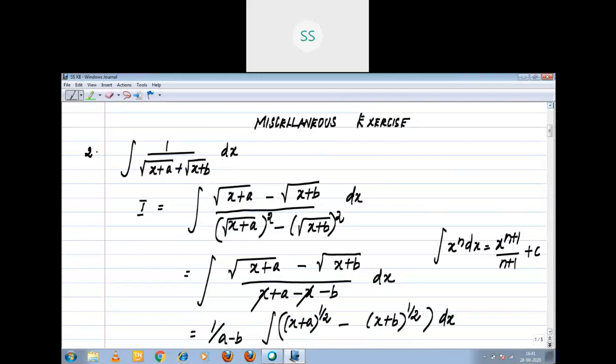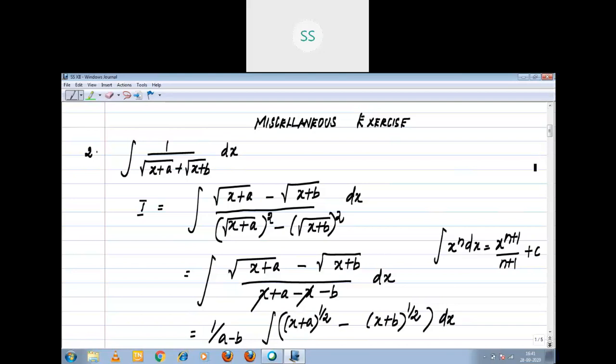What we arrived at the end, you see, root of x plus a minus root of x plus b. Both numerator and denominator are multiplied by the conjugate. How can you take the conjugate? Based on the denominator, you can take the conjugate. If you arrive at positive in the middle, you can use negative. If it is negative, you can make it positive. X minus a means you should take x plus a.